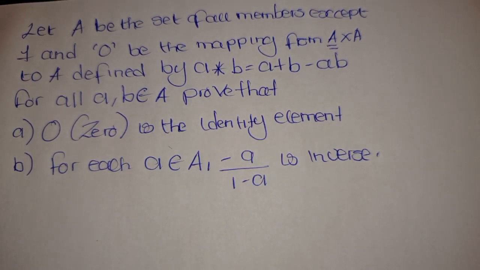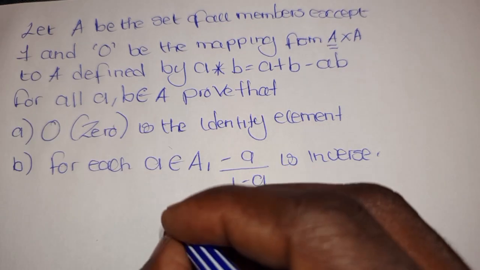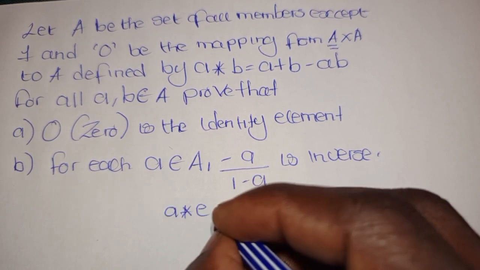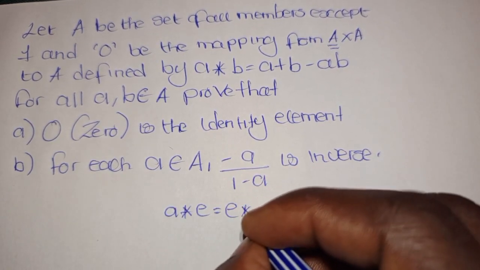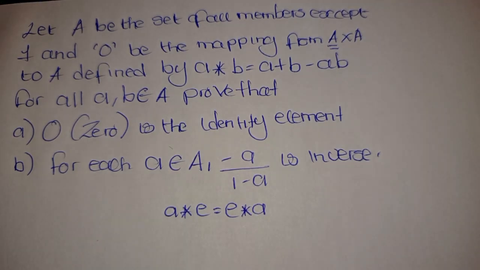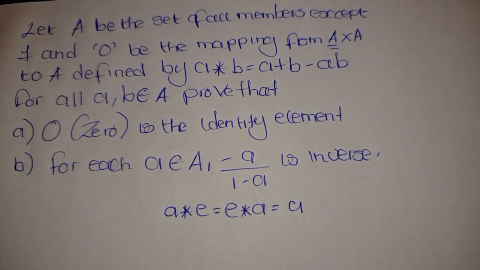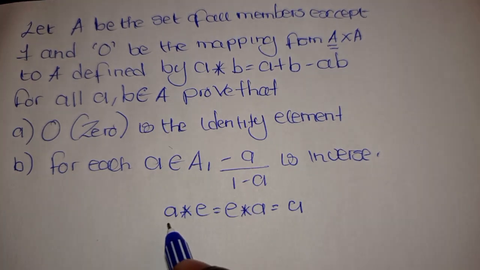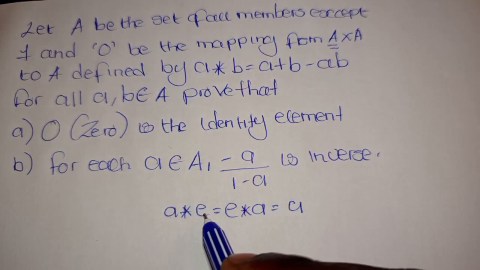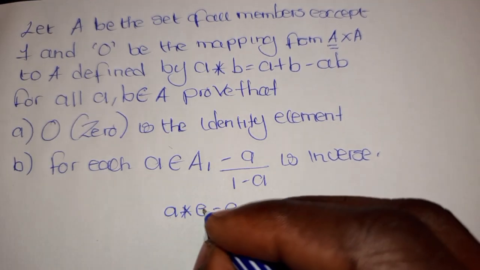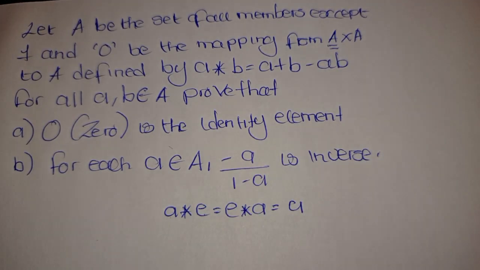So for you to prove that 0 is simply an identity element, we need to know one very fact. We need to know that A star E is equal to E star A under the commutativity aspect of binary operation. So this is the same as A. Now, since A is A and B has been replaced with E, remember E is what is referred to as the identity element in this case.